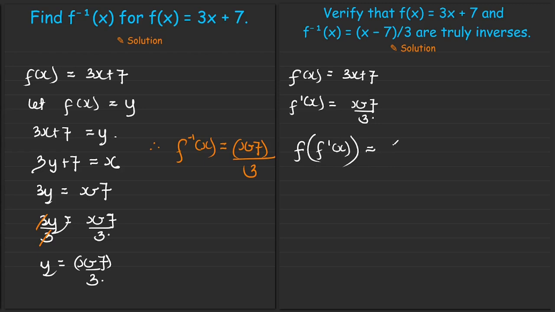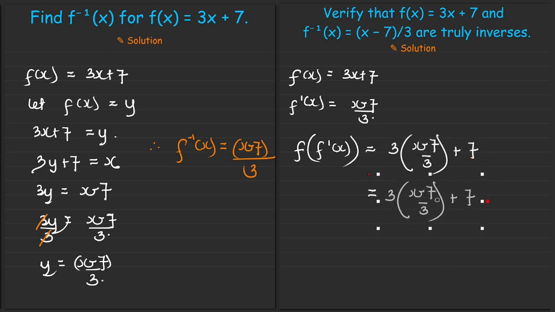So that is going to be equal to 3 into bracket all of this, which is x minus 7 over 3, then plus 7. If we want to simplify, this 3 out here is multiplying, so this 3 cancels out this 3. And in the bracket, we'll be left with x minus 7 plus 7, and that gives us x.